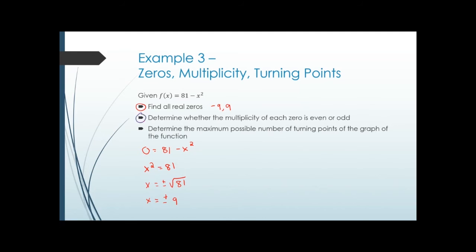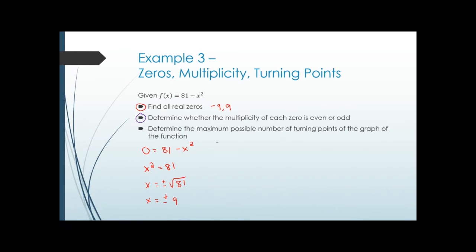So in the next one, in purple, determine whether the multiplicity of each zero is even or odd. Each of these zeros showed up only once. When we solved, we just got one -9 and one 9.